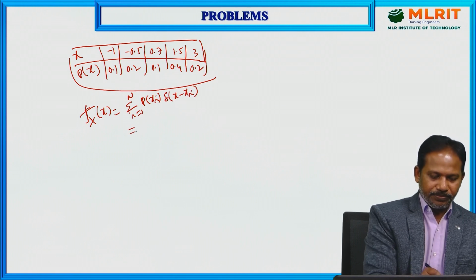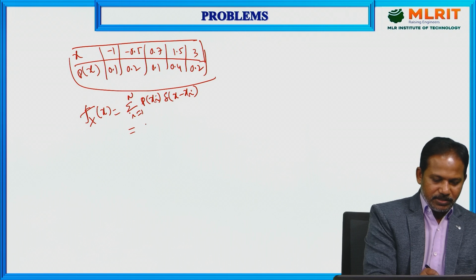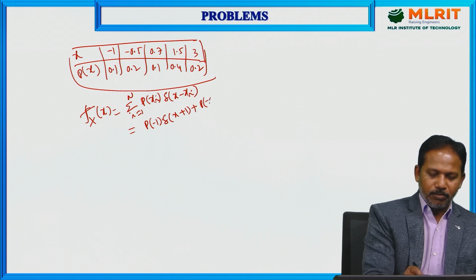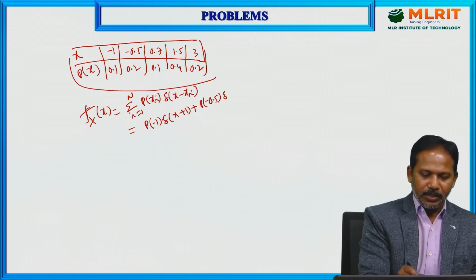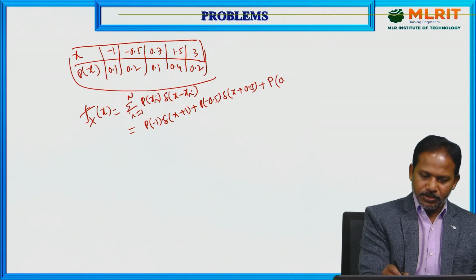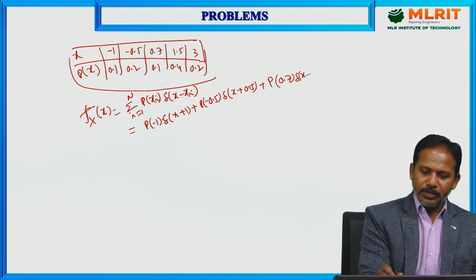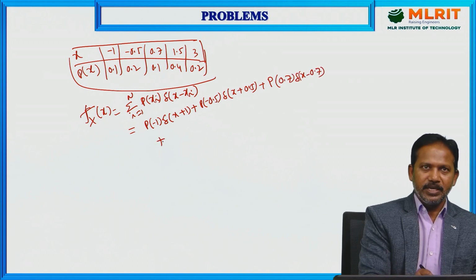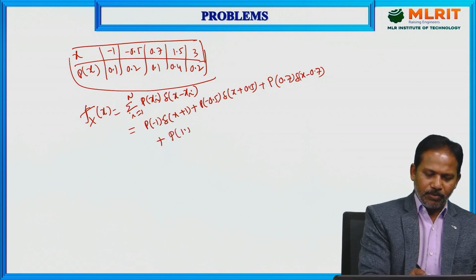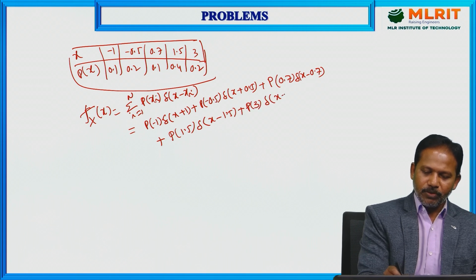That is p of -1 into delta of x minus (-1), which means delta of x plus 1, plus p of -0.5 into delta of x plus 0.5, plus p of 0.7 into delta of x minus 0.7, plus p of 1.5 into delta of x minus 1.5, plus p of 3 into delta of x minus 3.